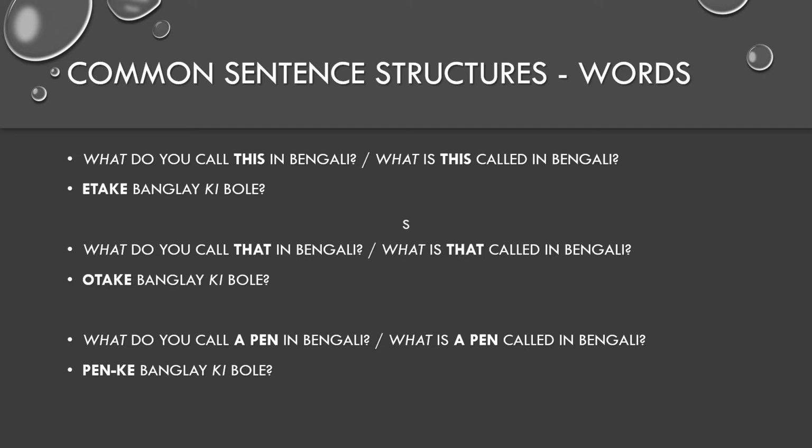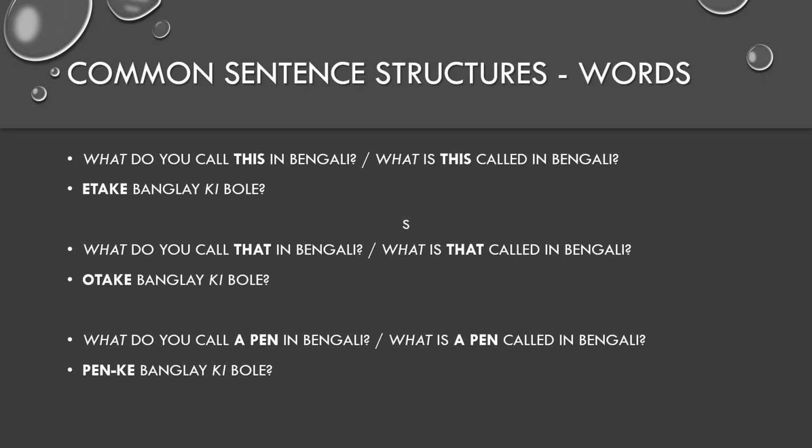Notice that these are objects, so to signal that these are objects, we add the suffix ke to the name of the object. So pen ke banglaয় কি বলে, or spectacles ke banglaয় কি বলে, or fan ke banglaয় কি বলে. You can use any word, or bag ke banglaয় কি বলে.